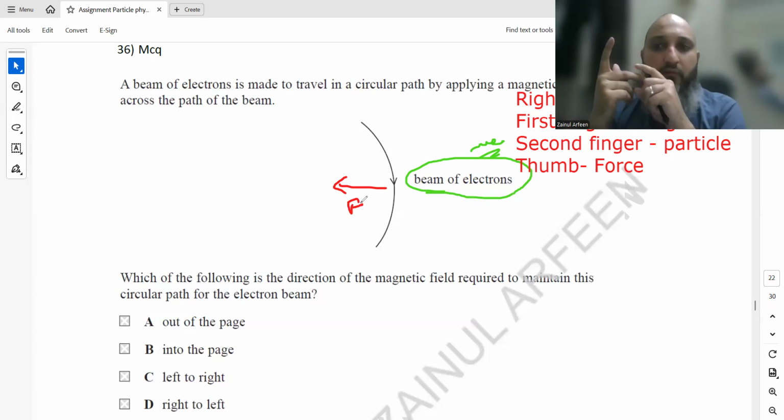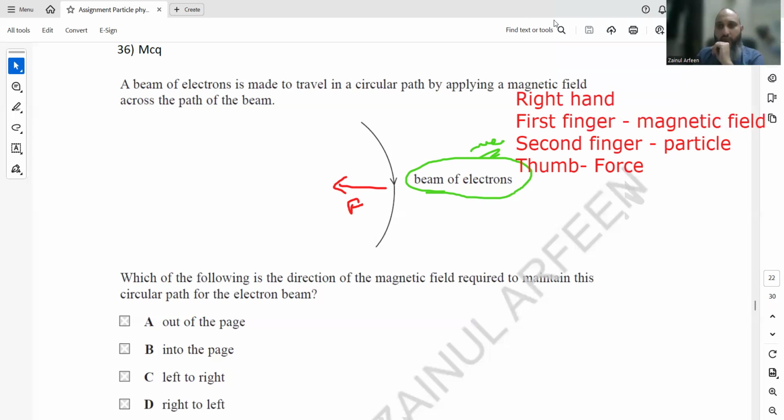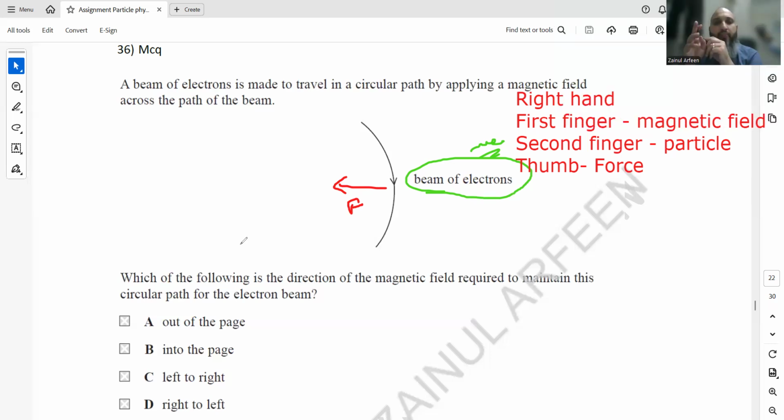So my thumb should point, as you can see, as we are applying a right hand rule. The index finger represents the direction of the magnetic field, which we don't know.